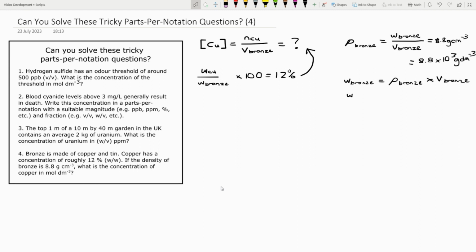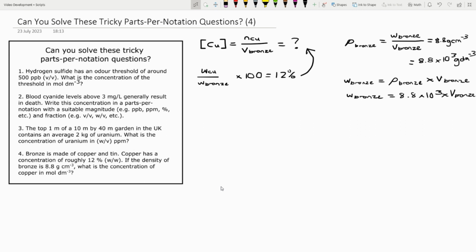So now W bronze is equal to 8.8 times 10 to the 3 times the volume of bronze. If we enter W bronze here, you can see that we get the volume of bronze on the bottom of this fraction, which makes it look a bit more like this concentration equation, which is what we need.